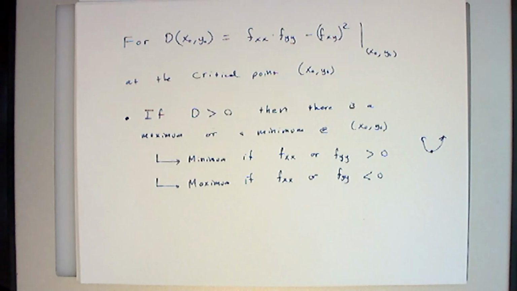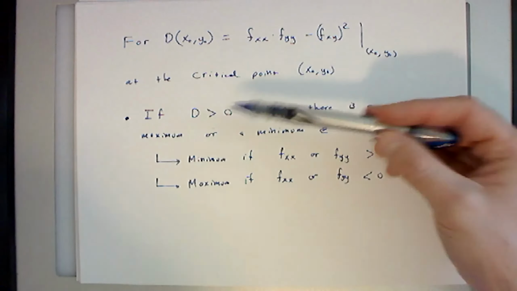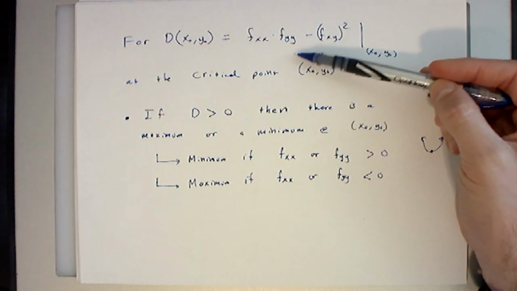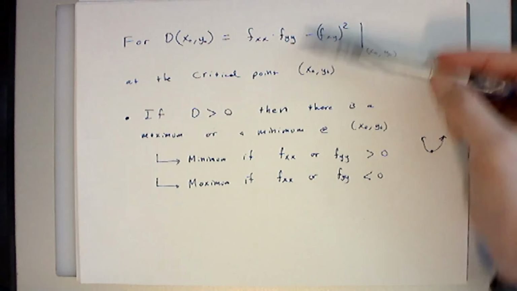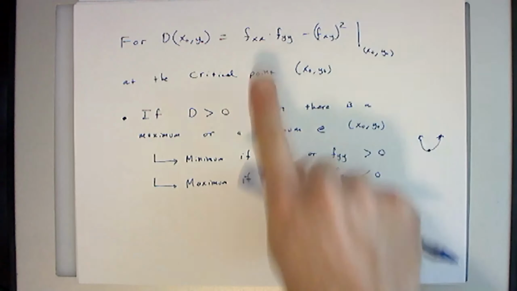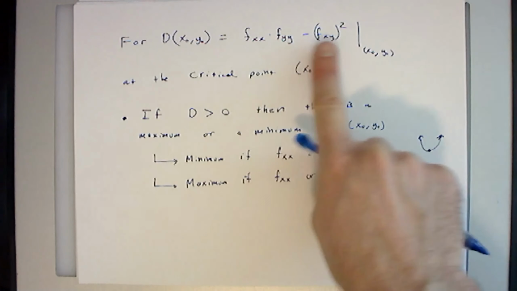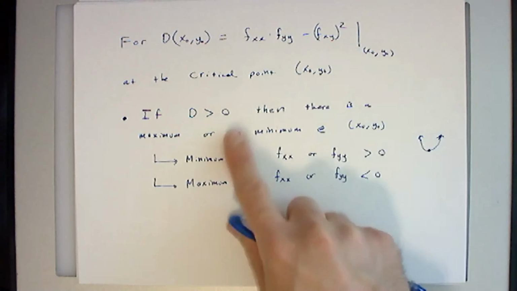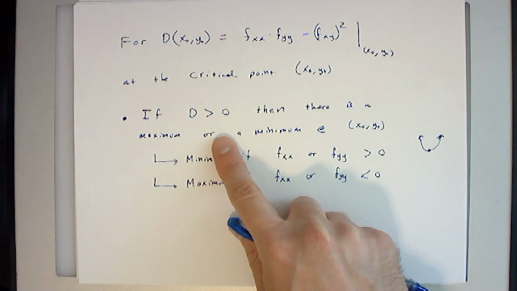Something also worth knowing, if D is positive, fxx and fyy have to have the same sign. Right? If these were opposite signs, then you'd have a negative thing minus something positive, which would make the whole thing negative. So it couldn't end up being positive overall if fxx and fyy were opposite signs.